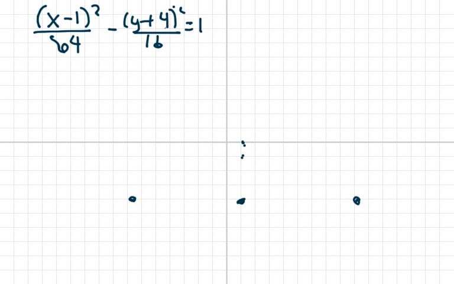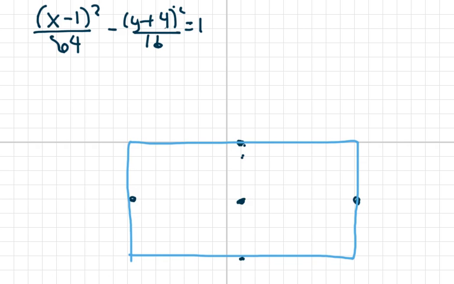All right, so for the y portion, we're going up 4, which would be here, and down 4, which would be here. I draw a box. Now I draw my asymptotes. And let's see if I can get that.